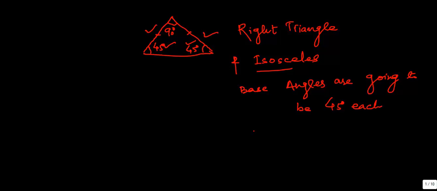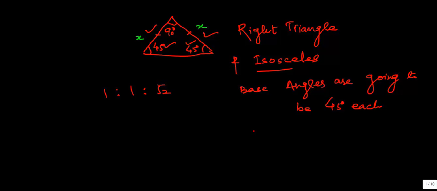So the ratio of sides in these kind of triangles will be 1:1:√2. Okay, how? Let us say if this is side x, so this side is also going to be x.